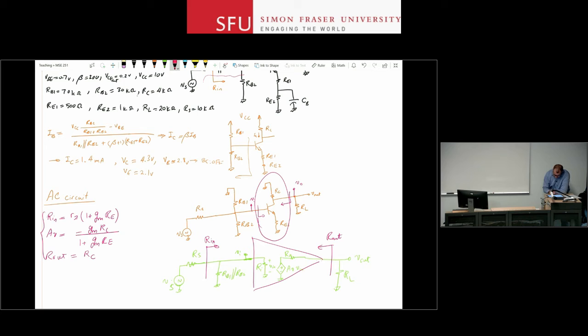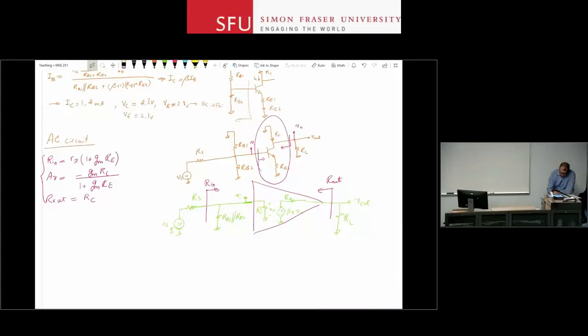And the gain value is V out over Vs. Okay? So I need to figure those things out, but this is a linear circuit. This is just a bunch of resistors with one dependent voltage source. It's really making my life much easier if I look at that whole circuit like this.